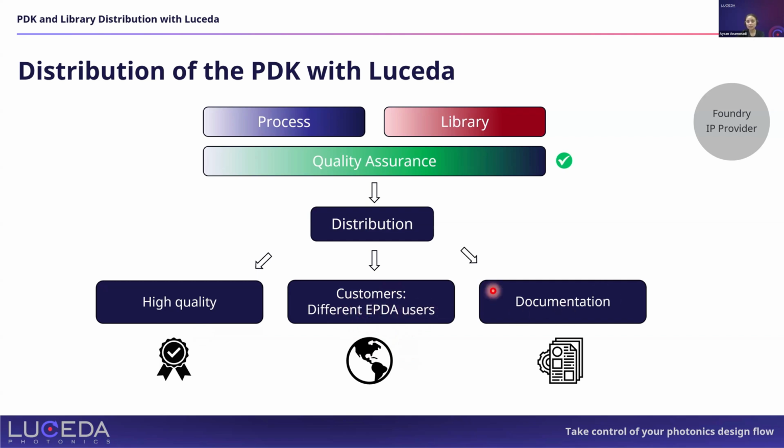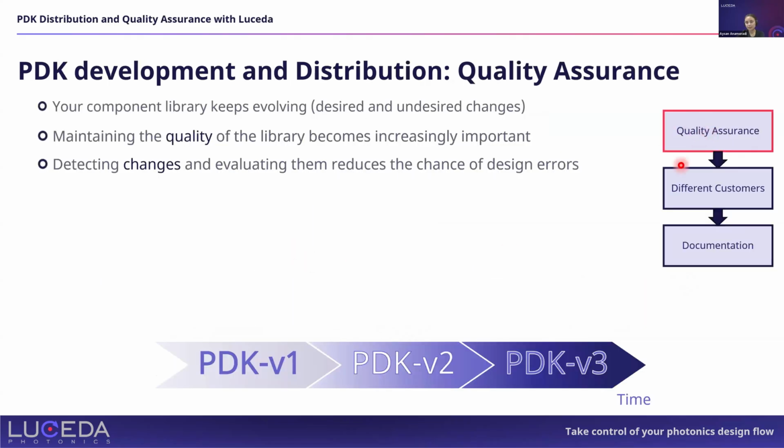And then they need to generate documentation of all the processes and technologies and components in their libraries and PDK. So let's see how this quality assurance is done during the PDK development or between the different releases of the PDK.